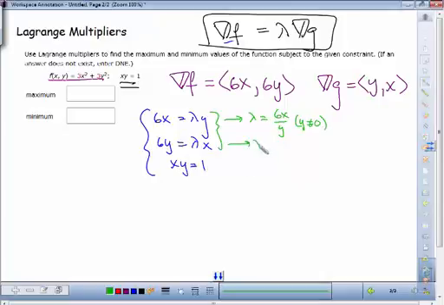And then over here, lambda is equal to 6y over x, again making a special note where I divided by some variable. So 6x over y must equal 6y over x. And then that would be 6x squared equals 6y squared.